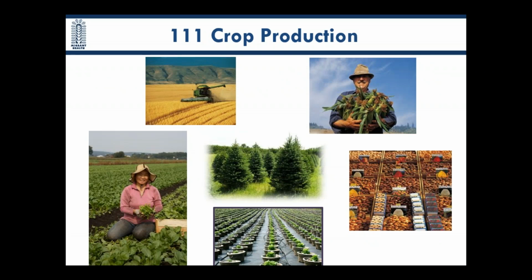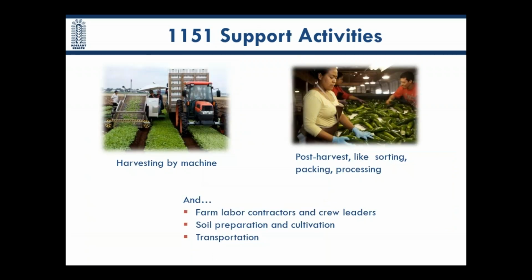So crop production can include orchards, nurseries that grow fruits, vegetables, nuts, Christmas trees, nursery plants, like shrubs, flowers, trees, seedlings, tobacco, grains, and those are all listed in the NAICS codes. And then the support activities that relate to those.